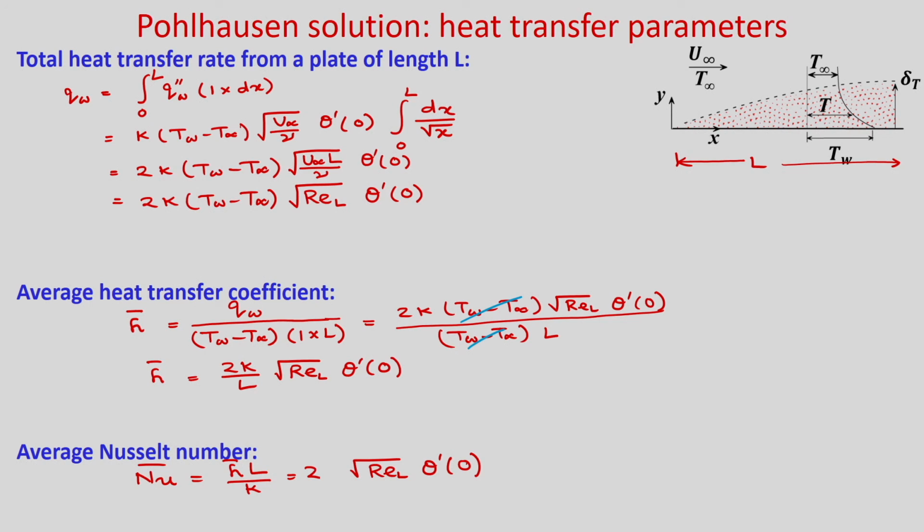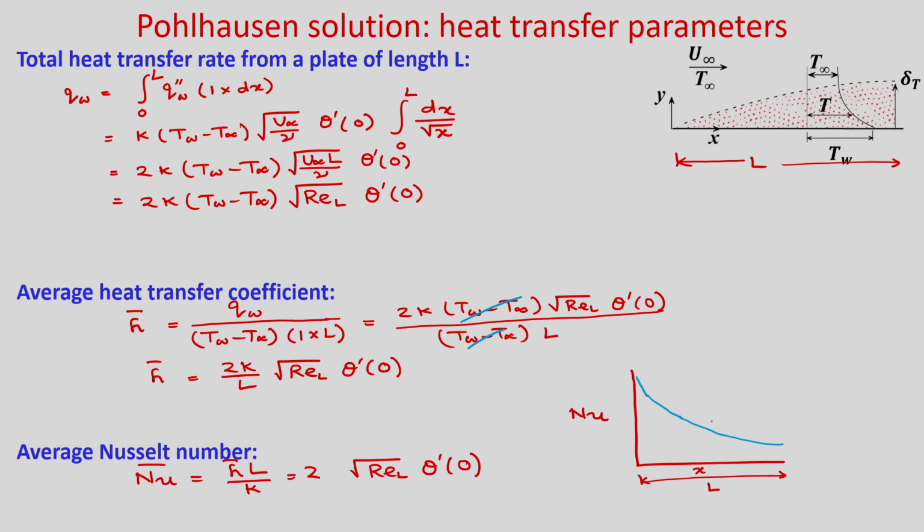If you see, let us say this is the Nusselt number distribution with length L. So, this is the plate length L. How does it vary? Let us say your local Nusselt number varies like this.